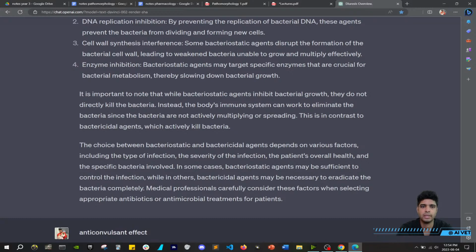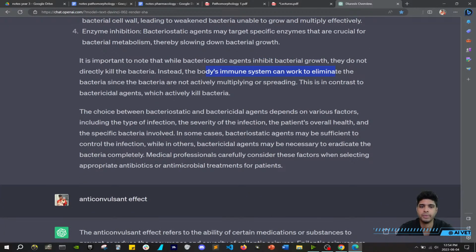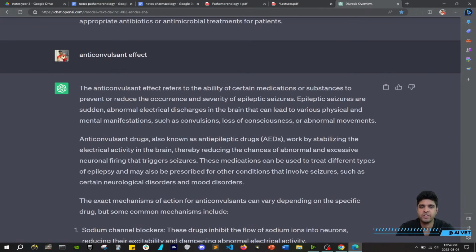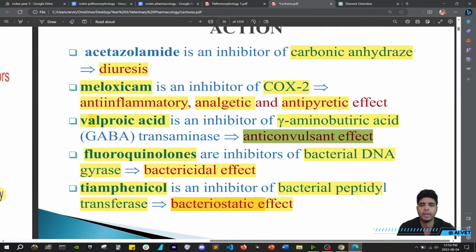So they inhibit bacterial growth without killing them, and the body's immune system can work to eliminate them, thereby producing immunity as well, right? That's nice. Anticonvulsant effect refers to the ability of certain medical substances to reduce the occurrence and severity of epileptic seizures. Okay. Valproic acid, got it. GABA inhibitor.